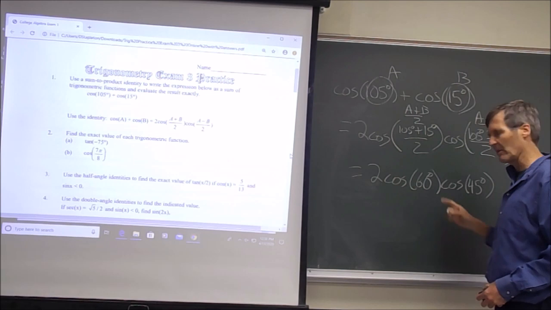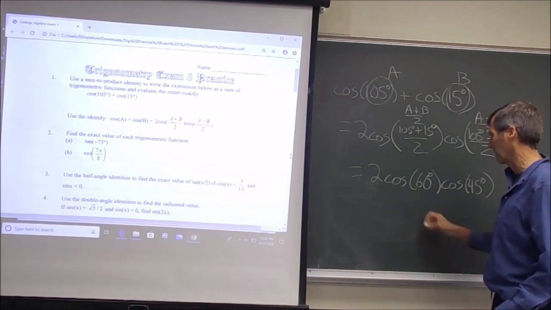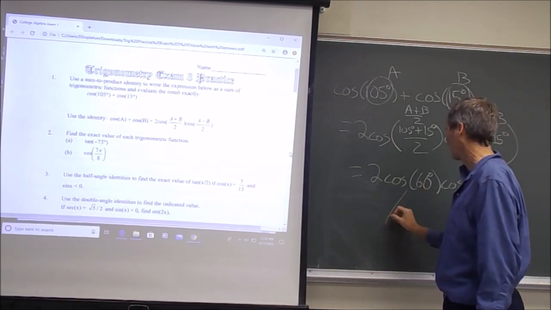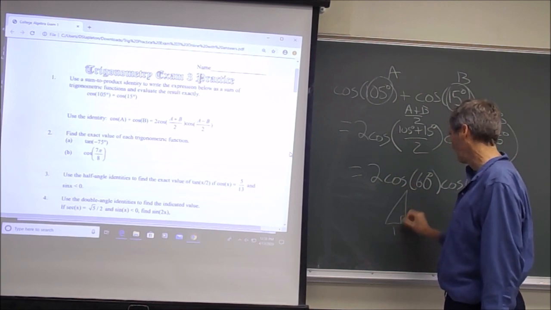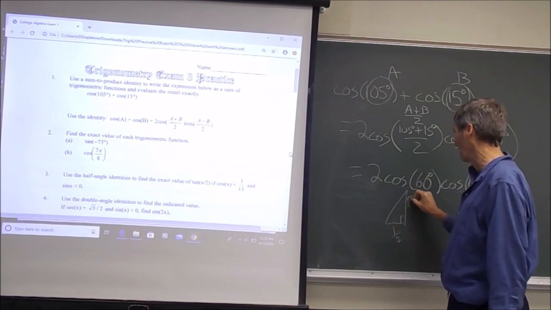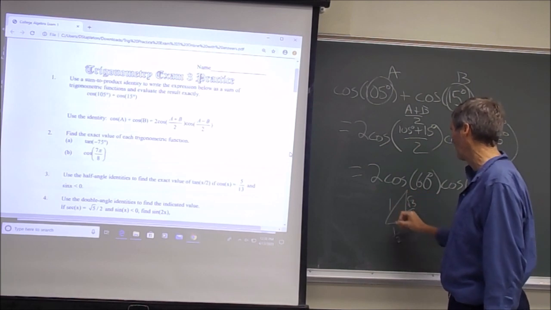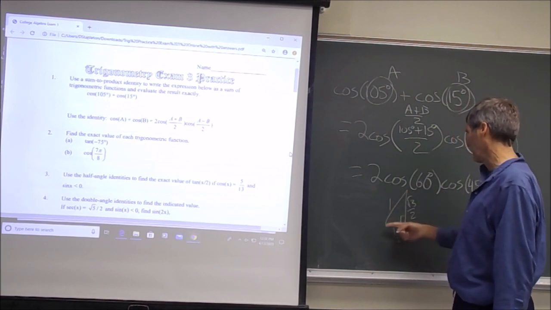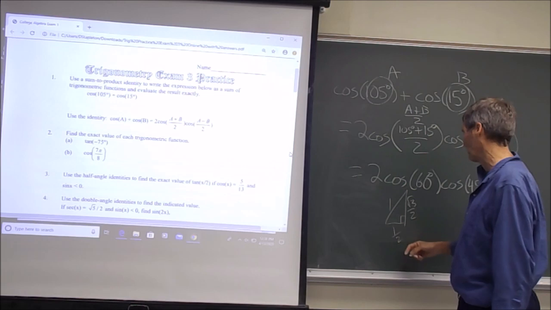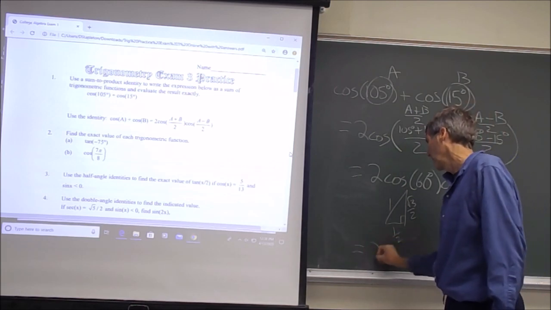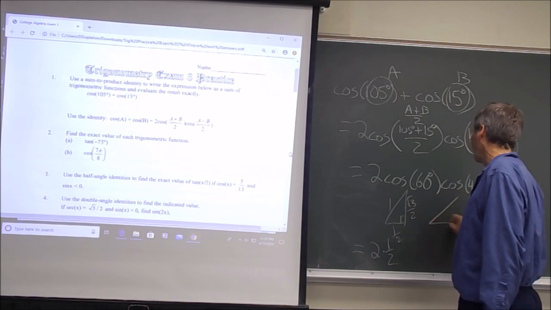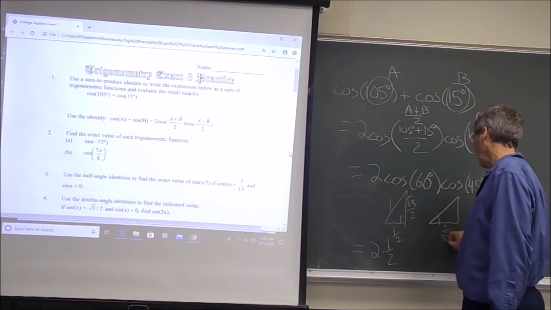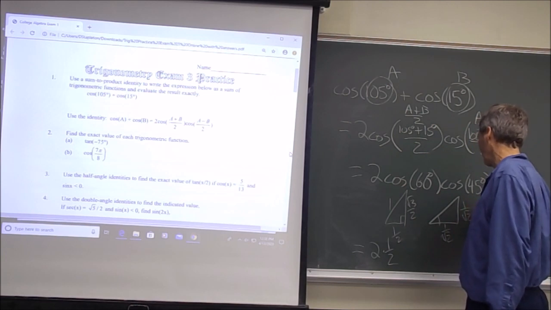Those are special angles. I can do these exactly using the triangles, right? We remember this one: 1/2, square root 3 over 2, and 1. The cosine is this one over this one, which is just 1/2. The cosine of 45 degrees: we draw that triangle, 1 over square root 2, 1 over square root 2 and 1.